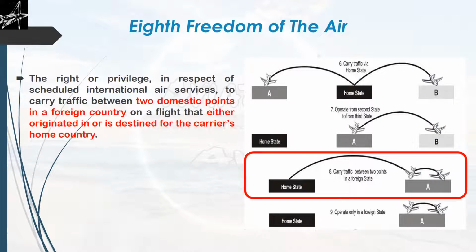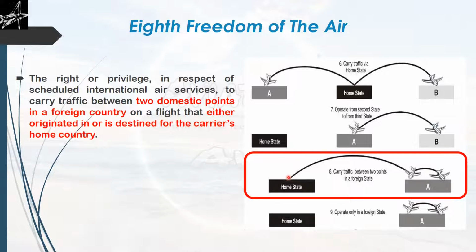Eighth freedom of air. This gives the right or privilege in respect of scheduled international air services to carry traffic between two domestic points in a foreign country on a flight that either originated in or is destined for the carrier's home country. So let us understand this with this example.